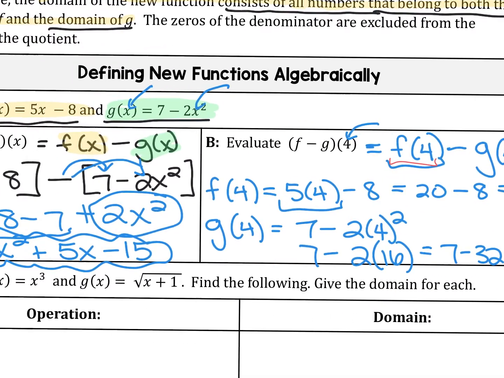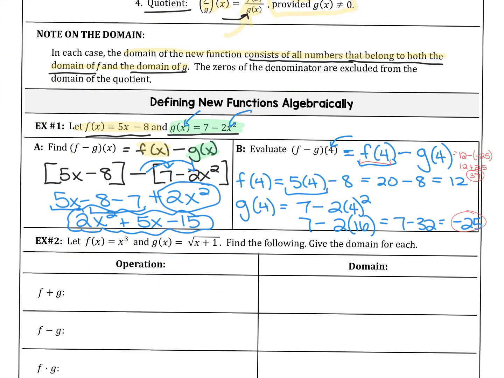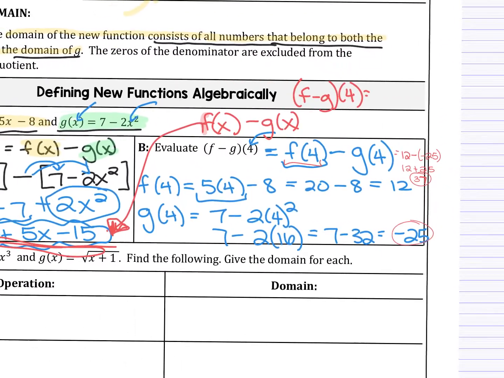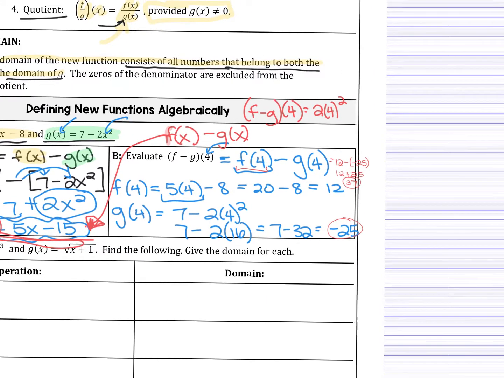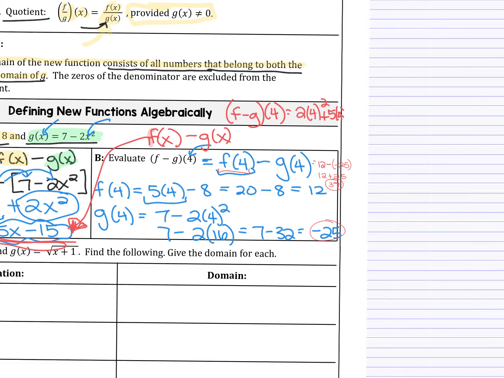Now, another way you could approach this, and this does not always work, but if you've already calculated f minus g, if you've already done f of x minus g of x, we already have that function right here from part A. Then really, if I want to take f minus g evaluated at 4, I could take the answer I got from A, this function, and I could have just said 2 times 4 squared, right? 2 times 4 squared was here, plus 5 times 4 minus 15.